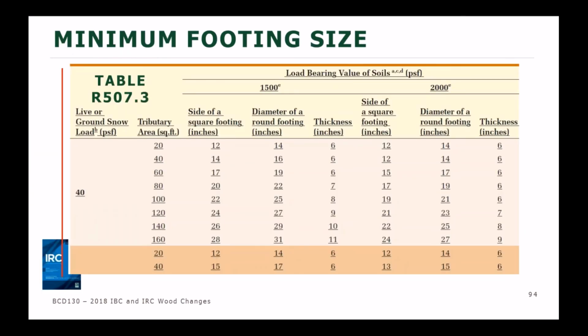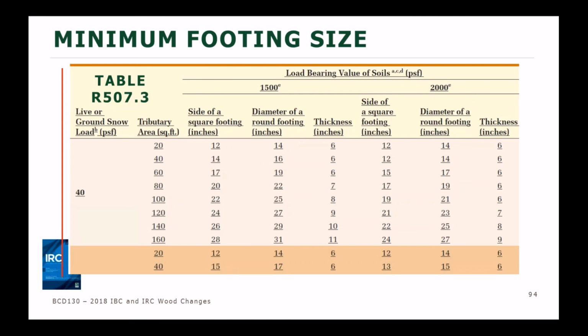Minimum footing sizes. We actually have a table now addressing how big that footing needs to be. It is based on the load-bearing values of soils, so if you have poor soils in your area, you're going to be looking at that 1,500 pounds per square foot. It's also based on what the ground snow load is in the area, or if there's just a live load, you're in the southern half of the country.